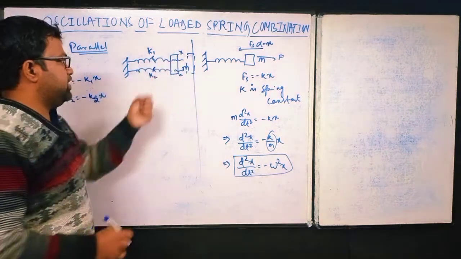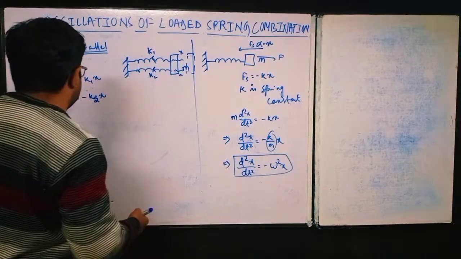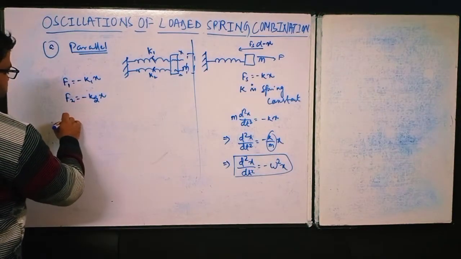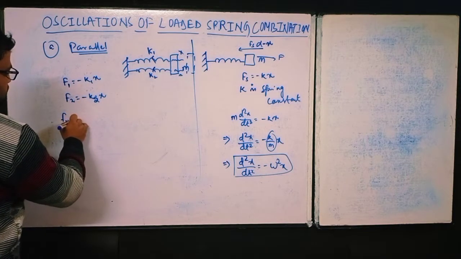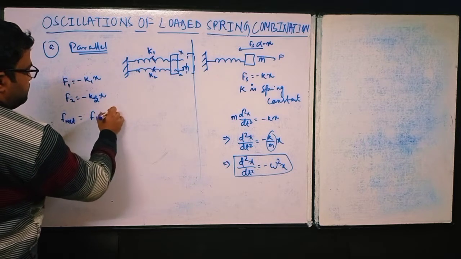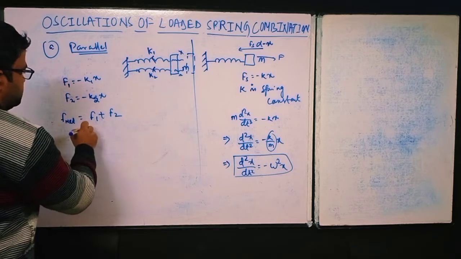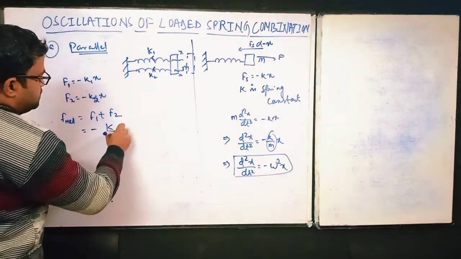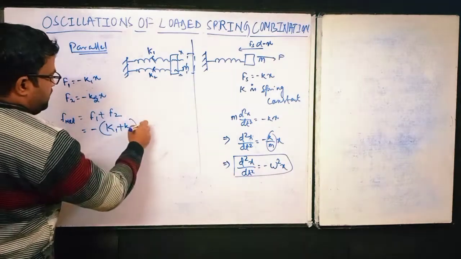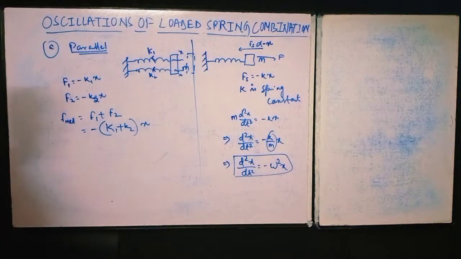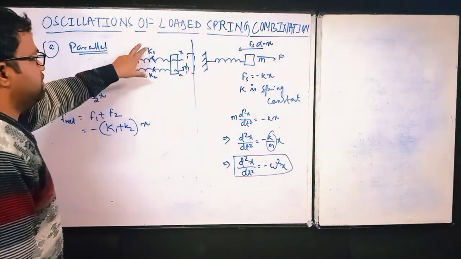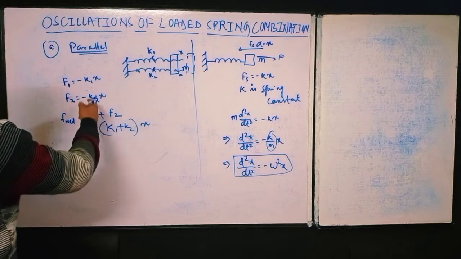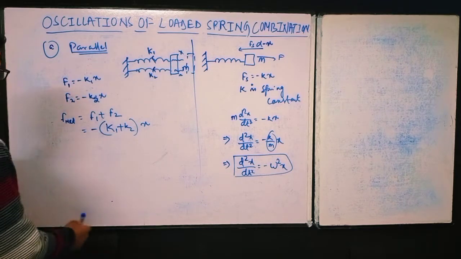Now as I am pulling and both restoring forces are in the same direction, the net restoring force by both springs is F1 plus F2, where I can take minus and x common, so minus (k1 plus k2)x. Now let's say the combined spring strength is k net, the net spring constant.